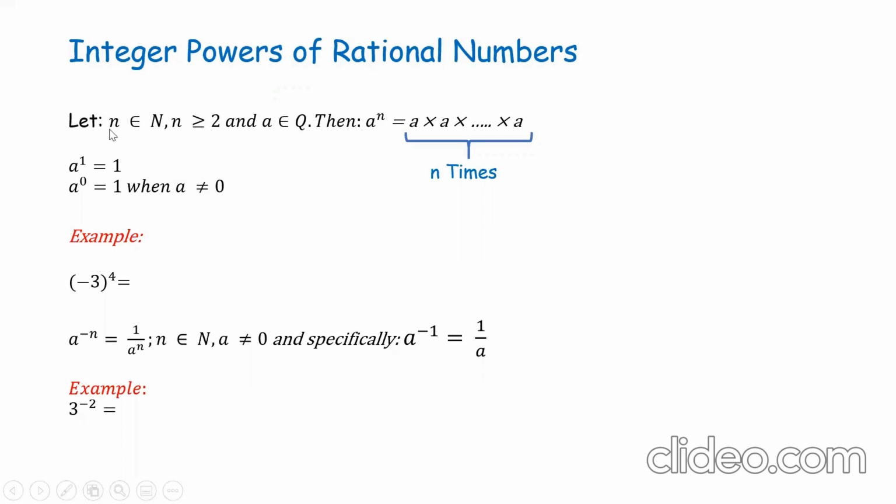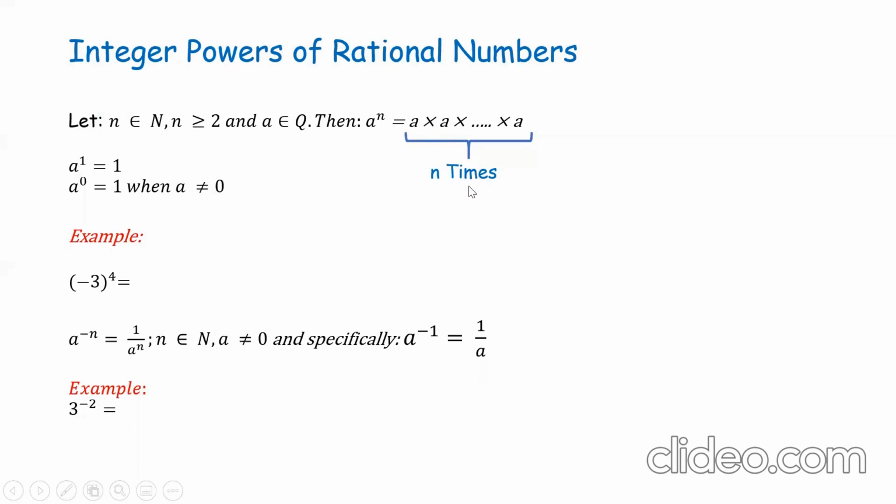So we repeat again, let n be a natural number where n is larger than or equal to 2, and let a be a rational number. Then we define a to the power of n as a multiplied by a multiplied by a, n number of times.